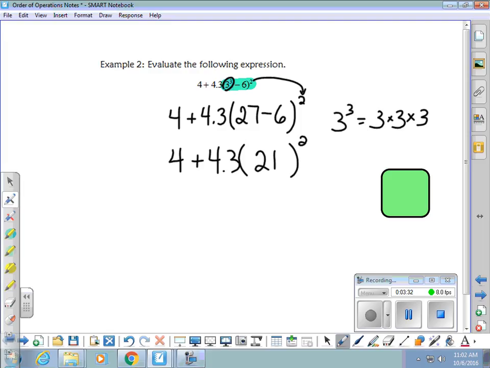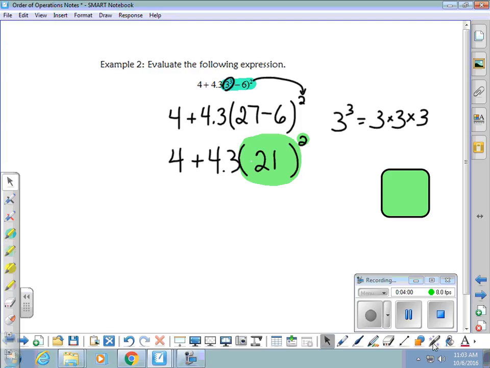So now I need to look for exponents. Again, I see I have this exponent 2 up here. The 2 is only on the 21. The 3 in 4.3 is a totally different number sitting in front of 21. So the first thing I must do is square 21.